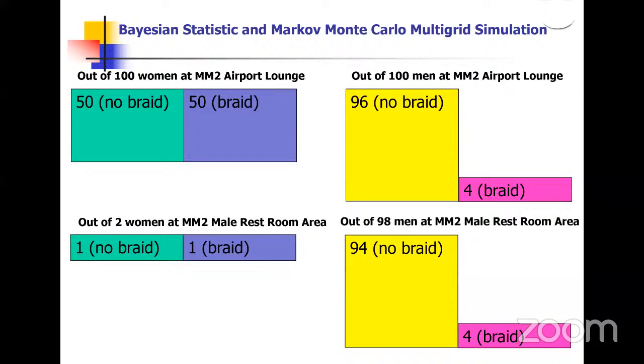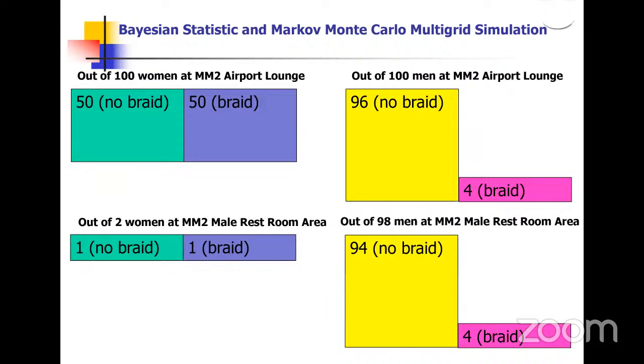But that picture will change if the phone fell when you are close to a male restroom. In the male restroom, you will not expect to have plenty of females. You expect to have only males. And so you assume, okay, I have about 28 men, 24 of them have no braid, 4 of them have braid.